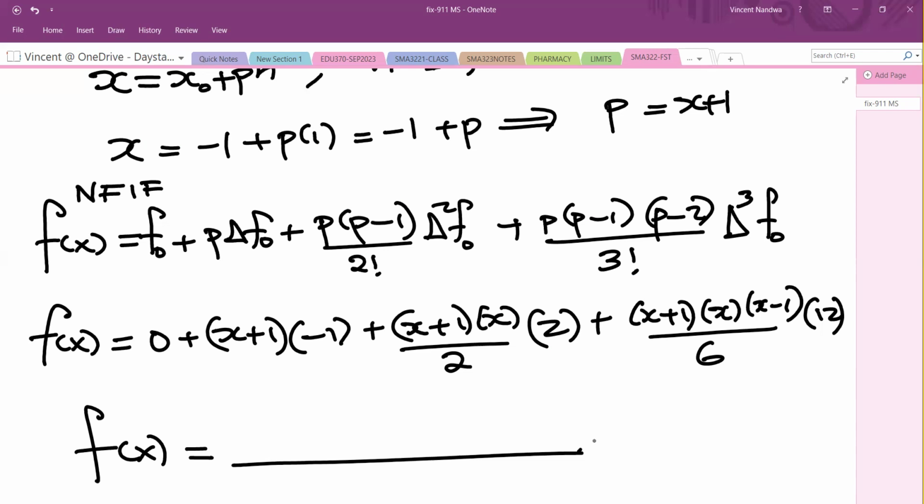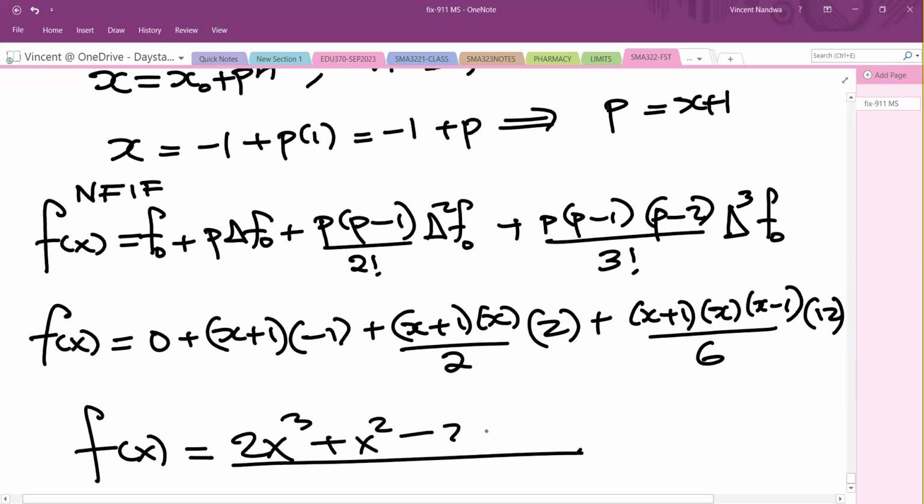What polynomial are you getting? The coefficient of x cubed is 2, correct? 2x cubed, and then next term plus x squared minus 2x minus 1, correct?